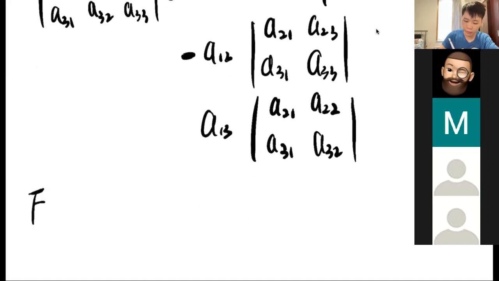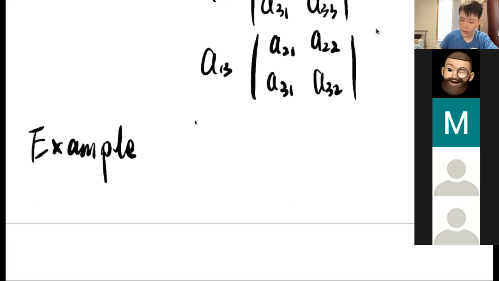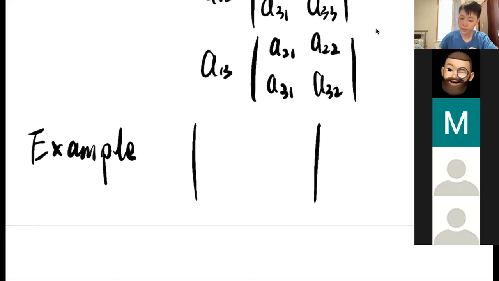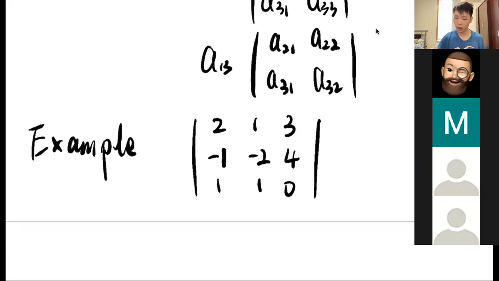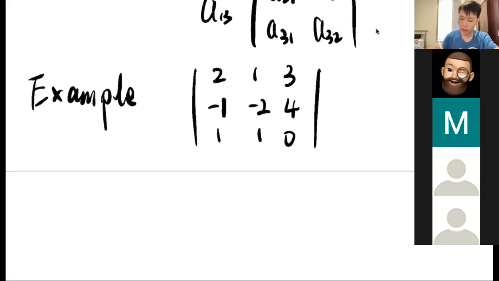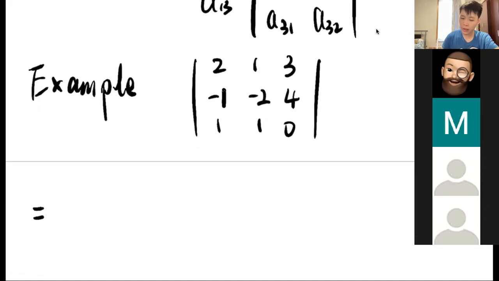So for example, let's say you have a matrix 2, 1, 3, minus 1, minus 2, 4, and 1, 1, 0, something like that. The determinant by the formula is, first we take out A11, which is 2 in this case, and the 2 by 2 matrix left is minus 2, 4, 1, 0.